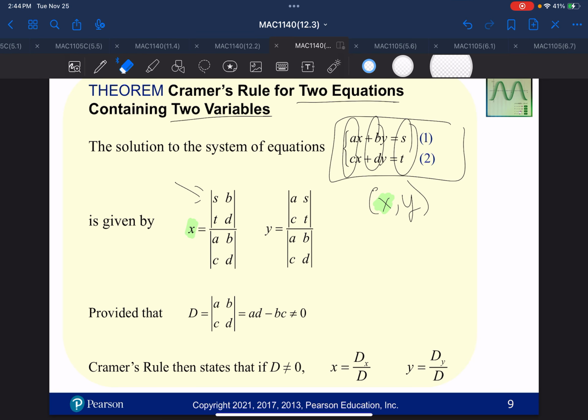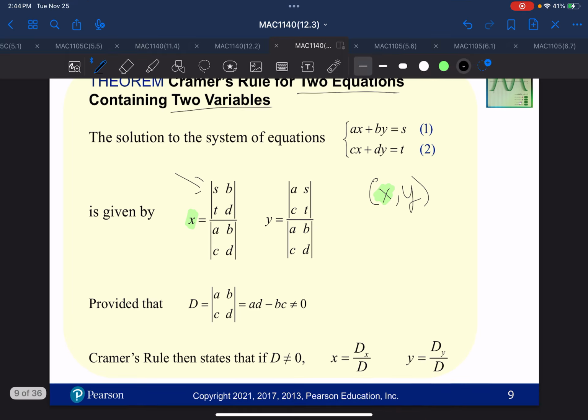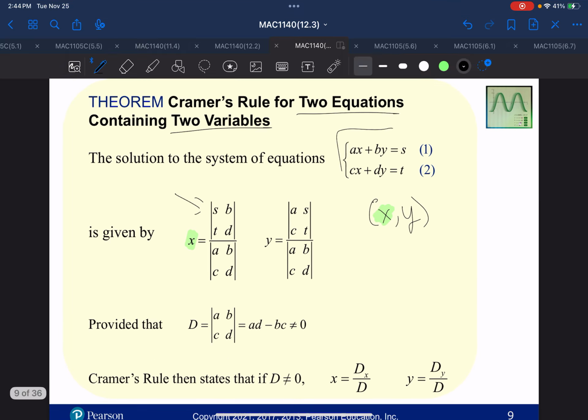And then it's divided by the determinant of the coefficient matrix, which is here, A, C, and B, D.